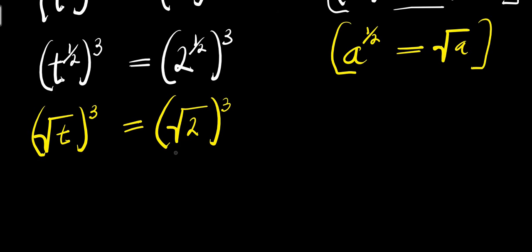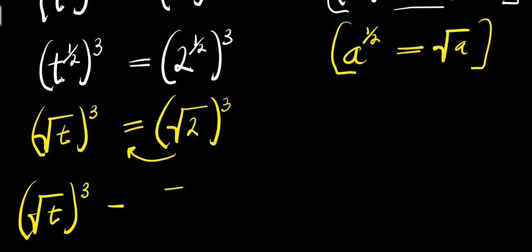Now what we can do is to move this over here. We have square root of t raised to the power of 3 minus square root of 2 raised to the power of 3. This equals 0.